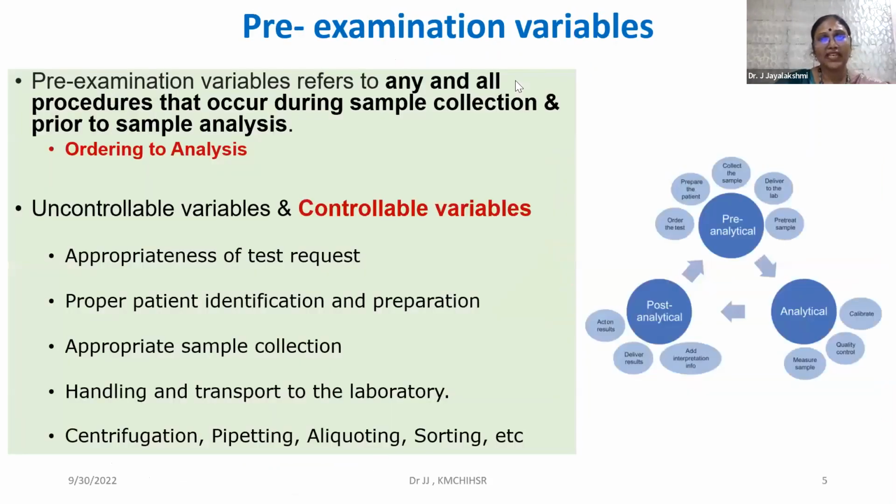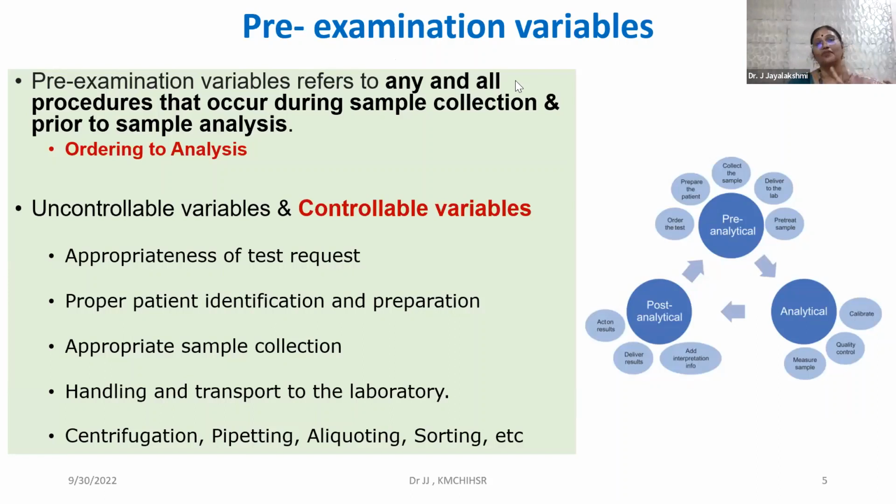Now, what are these pre-analytical or pre-examination variables? It refers to any and all procedures that occur during sample collection or prior to sample analysis. So the entire process from ordering of a sample to initiating an analysis on the sample that has been collected, the entire phase is called the pre-examination phase that I mentioned to you.